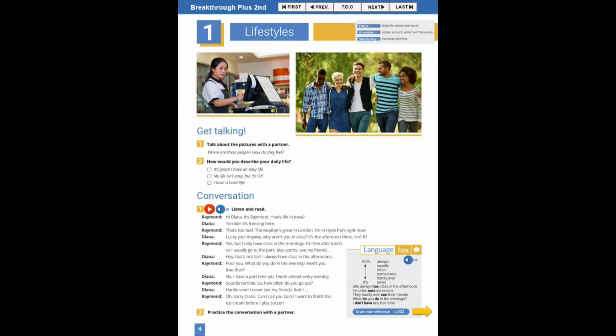She's behind a till, or a cash register is another word for till. So she is, and our preposition, she is at work, she is at a cafe, she is behind a cash register, she is behind a counter.